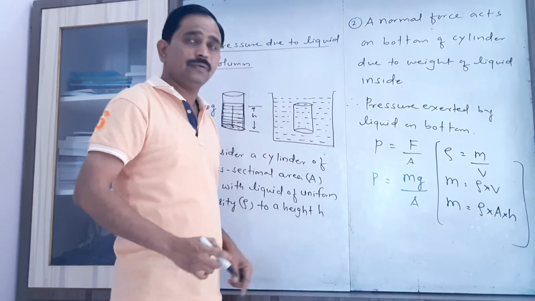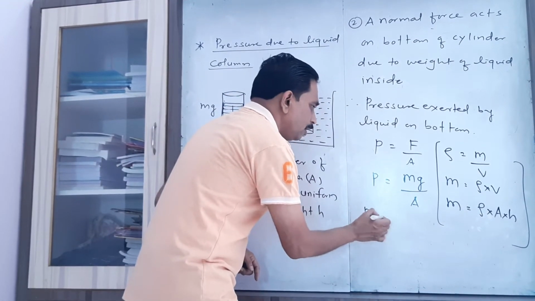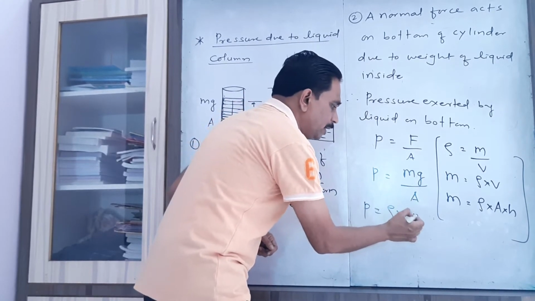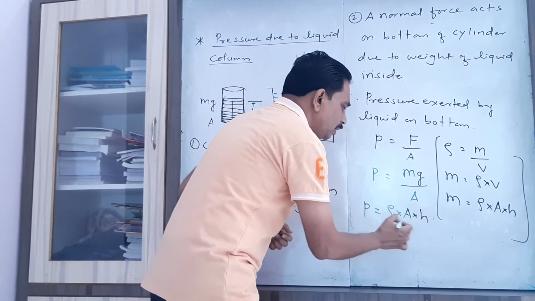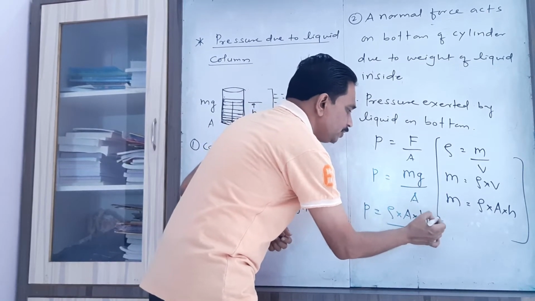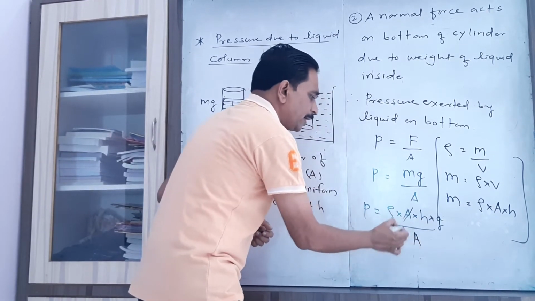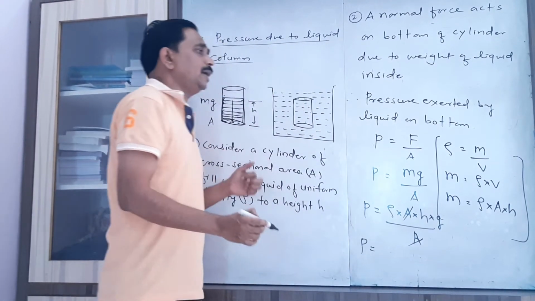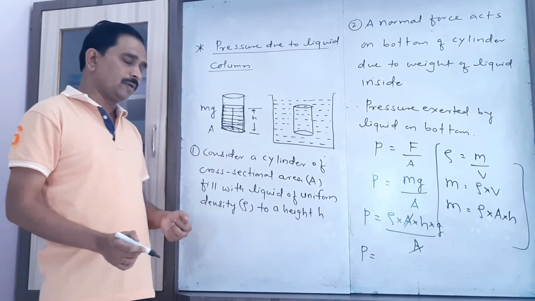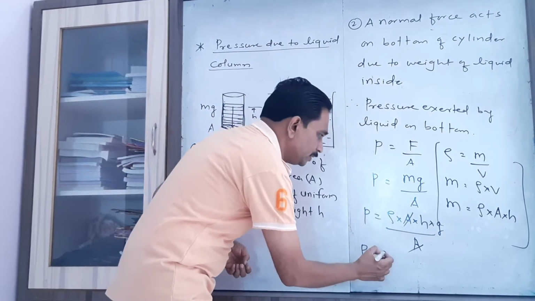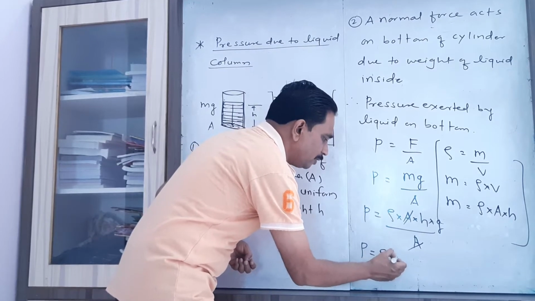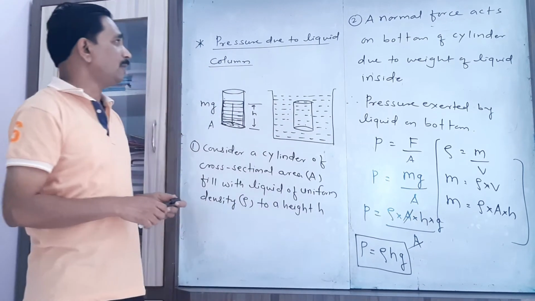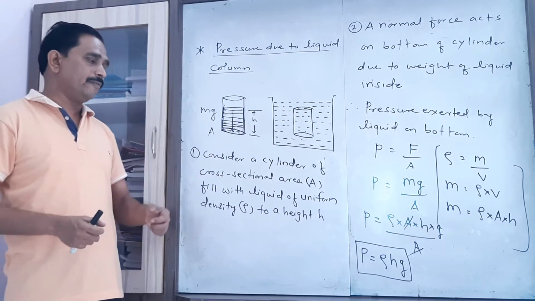Put this in the equation: pressure equals rho, the density of the liquid, into A, the area of cross section, into h into g, upon A. Now we can cancel this A. So the pressure exerted by the liquid at the bottom of the cylindrical vessel is equal to rho h g. This is the expression for pressure due to a liquid column.